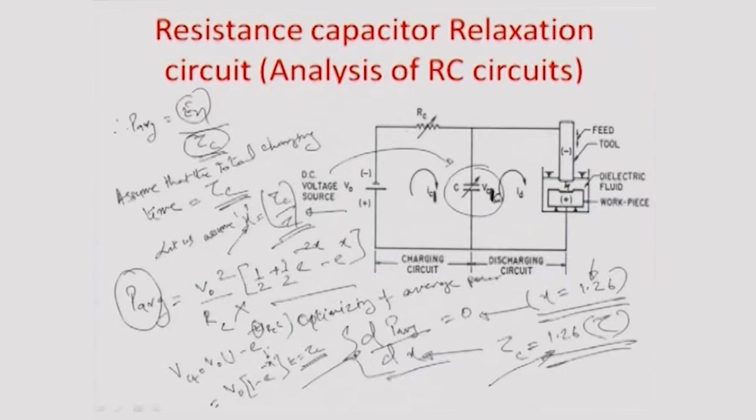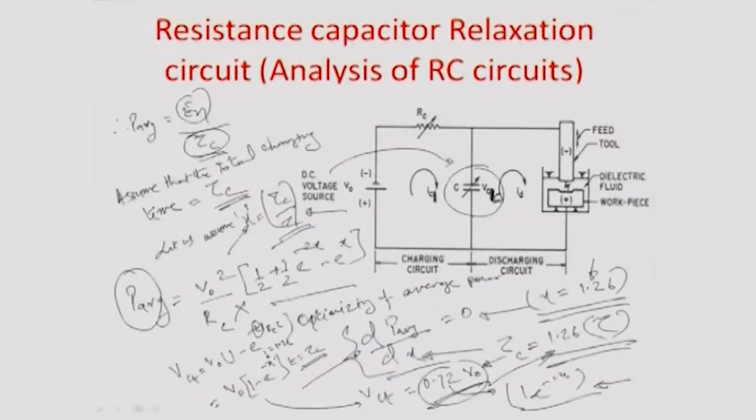If you put the value of x equal to 1.26 here, VC(t) would come out to be equal to 0.72 V0. Okay. 0.72 is 1 minus e to the power of minus 1.26. In other words, it means that the total amount of charge of the capacitor in time is actually 72% of the output power.